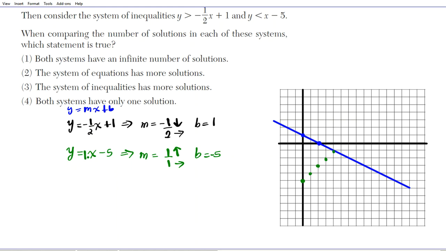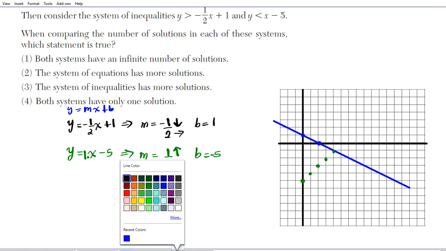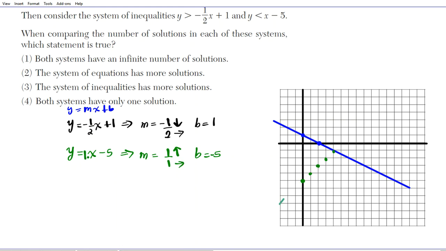Okay, so let's go ahead and draw the line of the second linear equation. So there you have it. Let's pause for a second and take a look at what we have. What does this graph tell us? It tells us that we have exactly one solution. Where is that one solution?